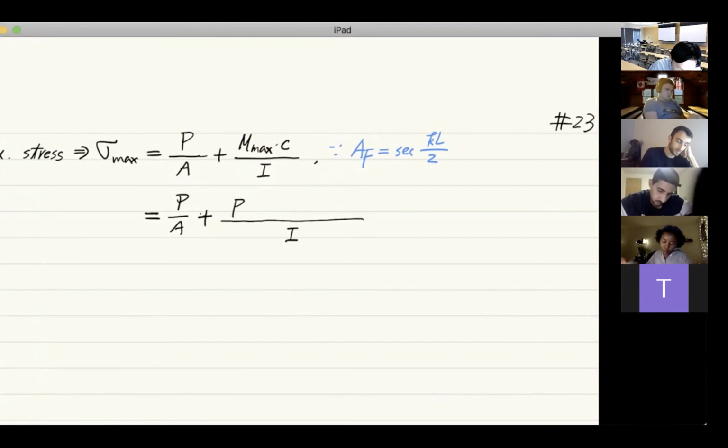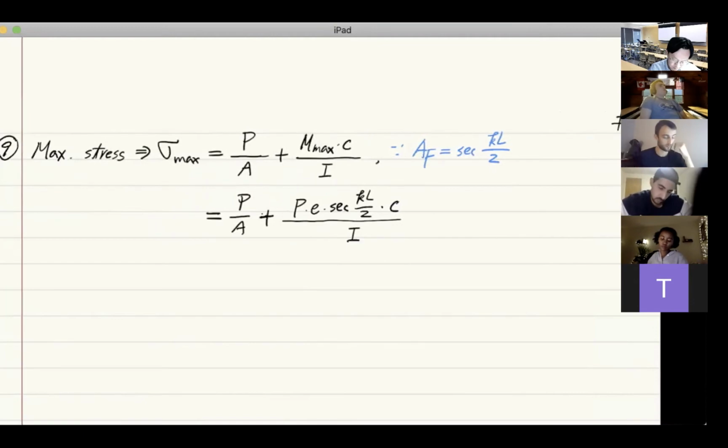Here is P times E times secant KL over 2, correct? And times C, like this. So what we did here was just to plug in everything we know for maximum moment into here, right?